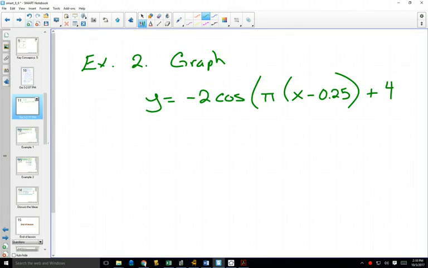Oh, forgot a bracket. Nice, it's already in factored form, so that's good.